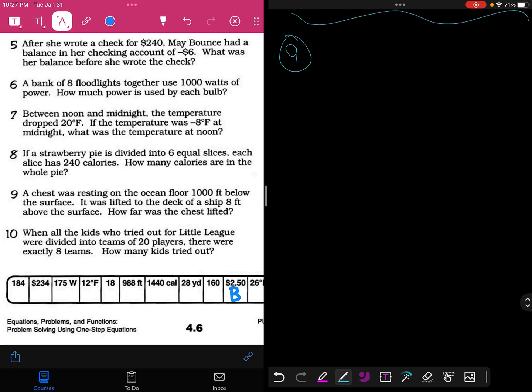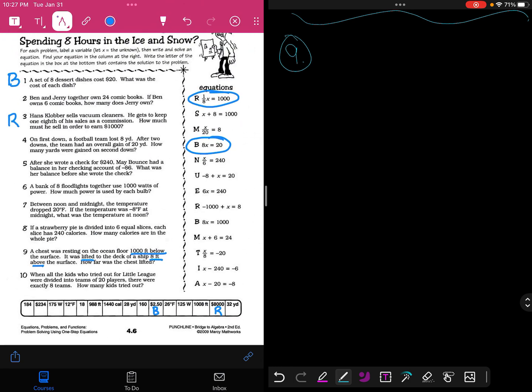All right, so if we look at our problem again, the chest was resting at the ocean floor 1,000 feet below the surface. It was then lifted to the deck of a ship 8 feet above the surface. How far was the chest lifted? All right, so looking at that, we're at 1,000 feet below. So I know that's a negative number.